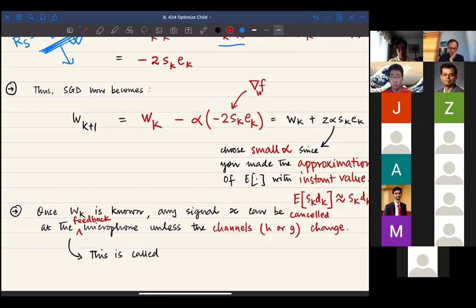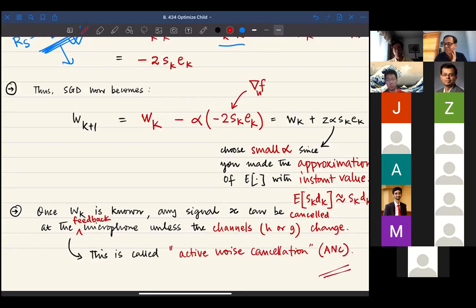Okay. This whole thing that we discussed is called active noise cancellation. So this is what your headphones are essentially doing when they try to cancel the sound.